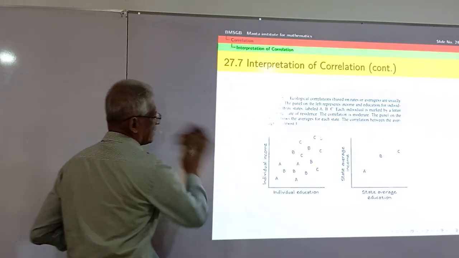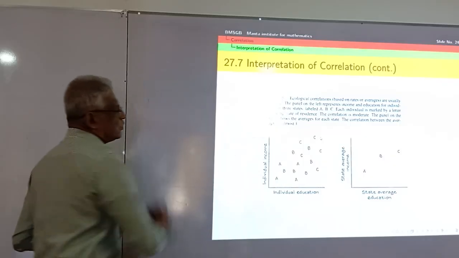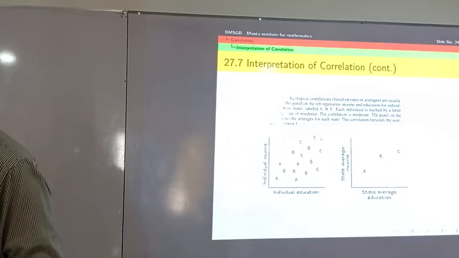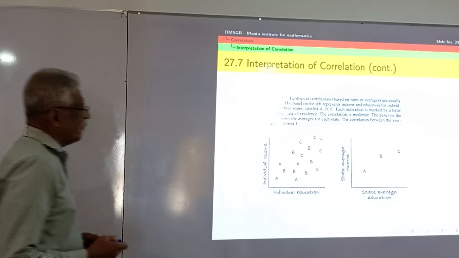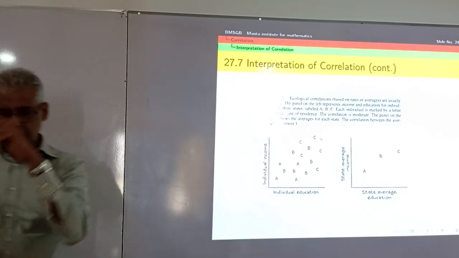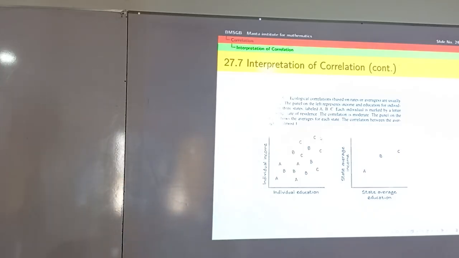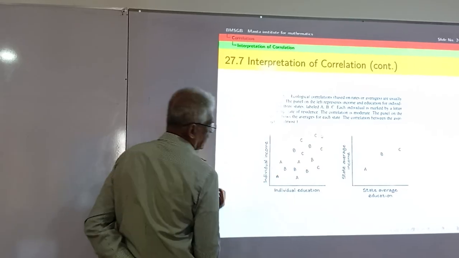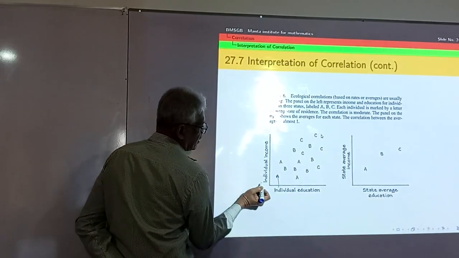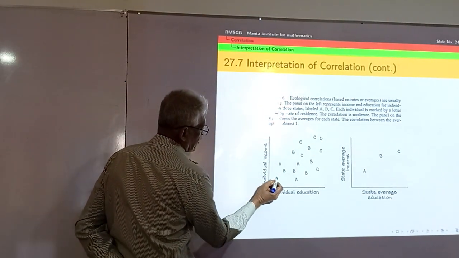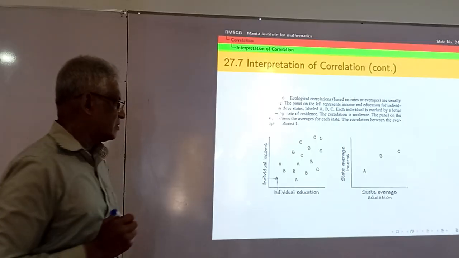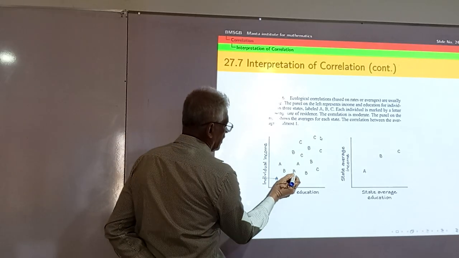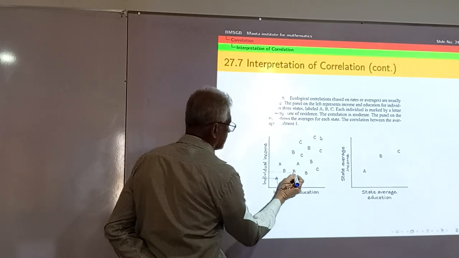This is an example like this. This is some data of the education level of some students and their individual incomes. These people came from 3 different areas, A, B, C. For example, this person came from area A, so his education level is this amount, income is this. And this person came from area B and his point is this.